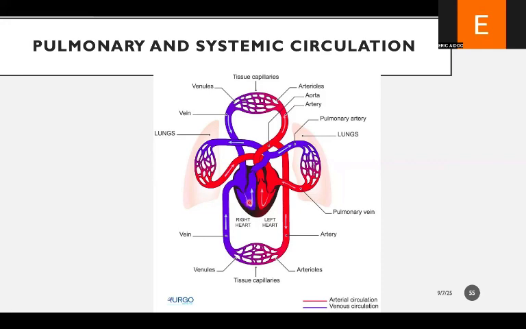The right ventricle will pump or contract at systole to push blood through the pulmonary artery that will go into the right lung and then the left lung. So those are the lungs there. That is the left one, and that is the right one.